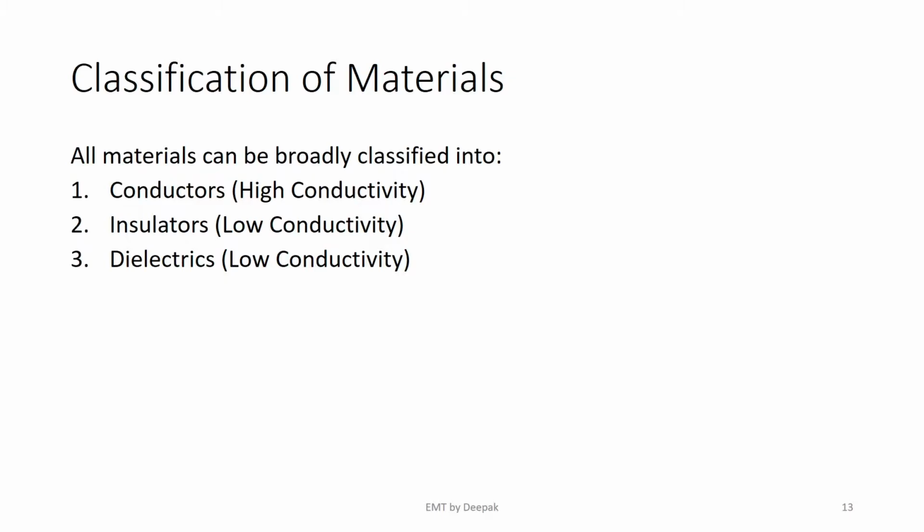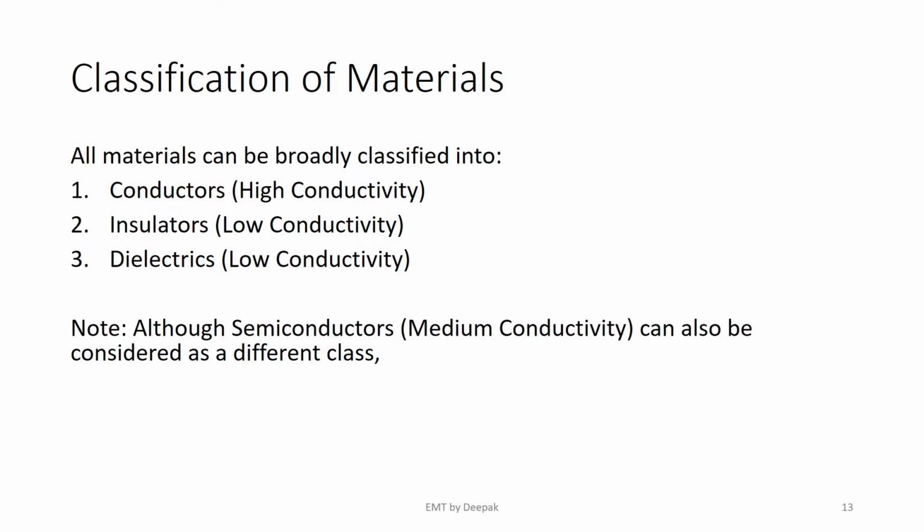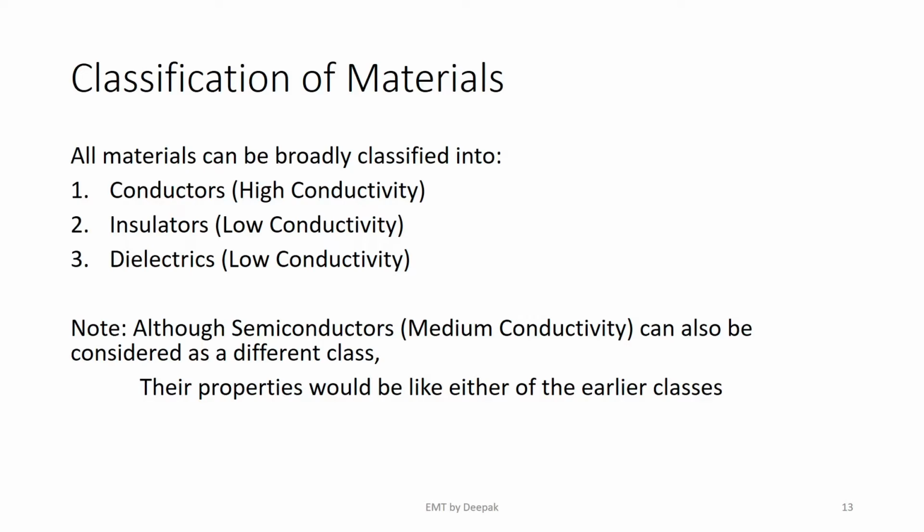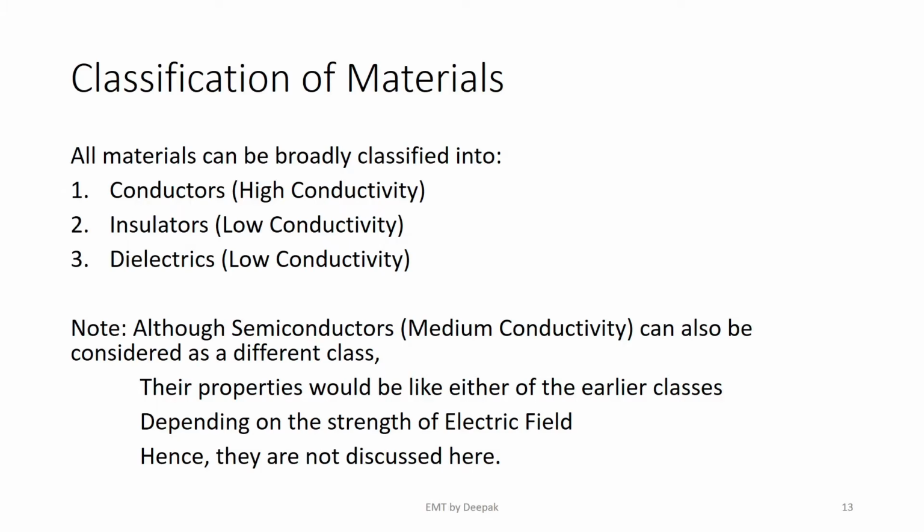What the natures of these different materials are, we would see in the current module. Semiconductors can also be considered a different class, but for discussions of electromagnetic theory, semiconductors and conductors have no great difference. Hence, we don't discuss them in the current module.